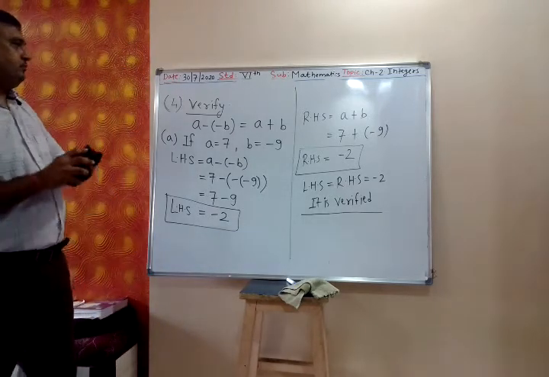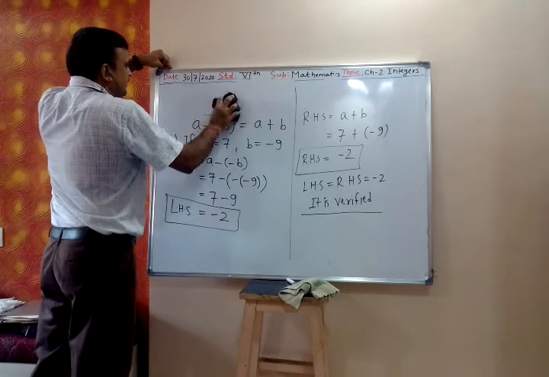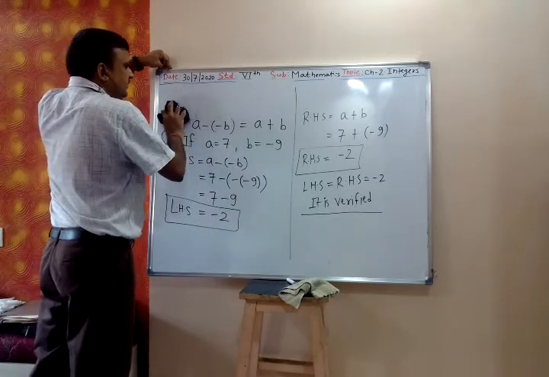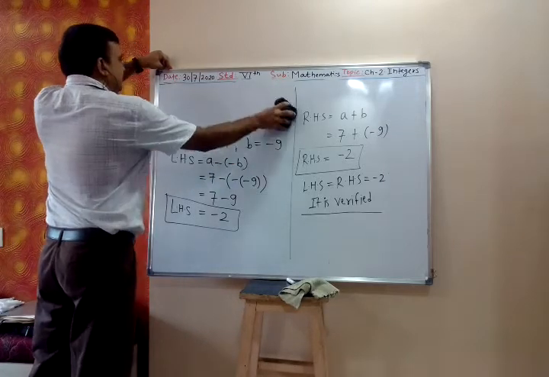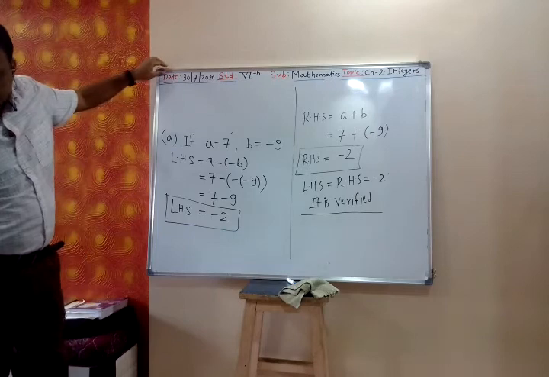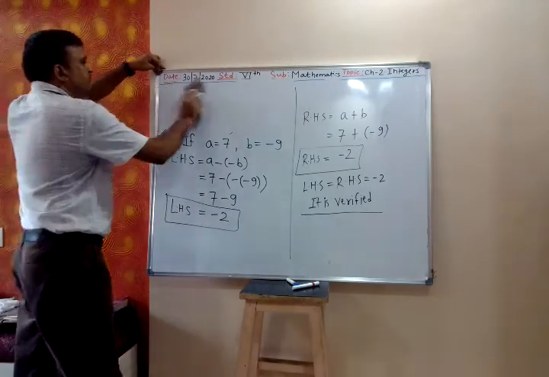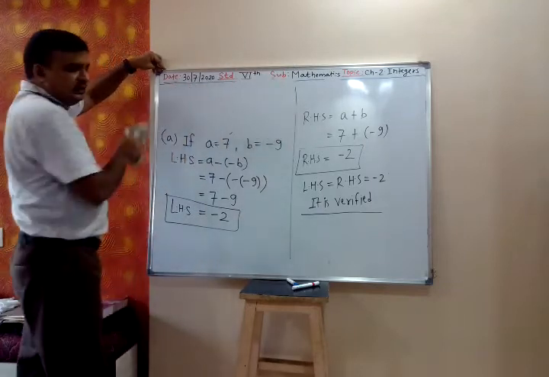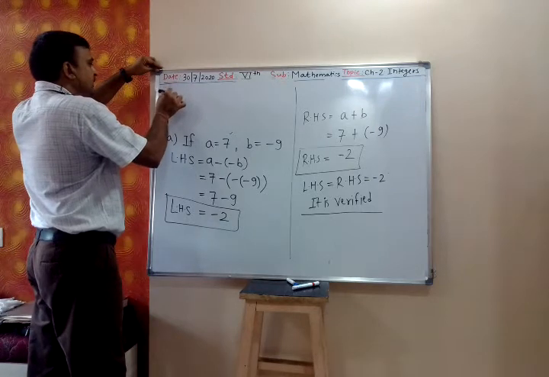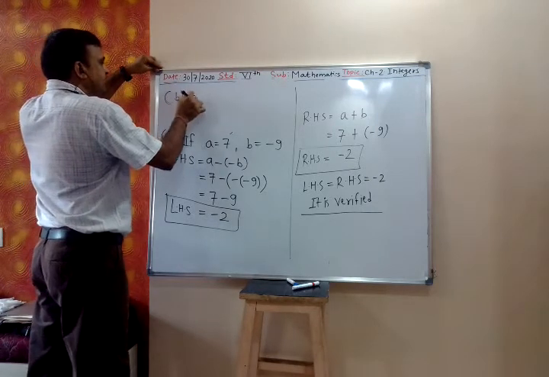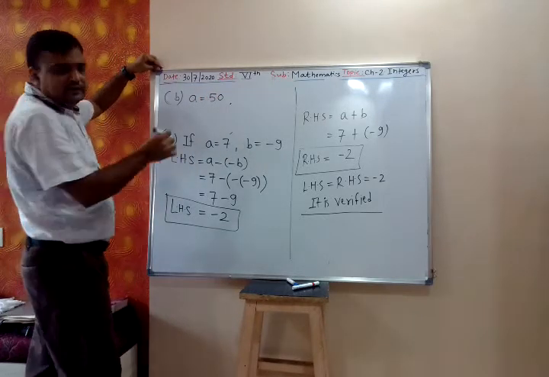That I am going to tell you. Now verify. Now B and C. In B, a is 50 and b is 30.